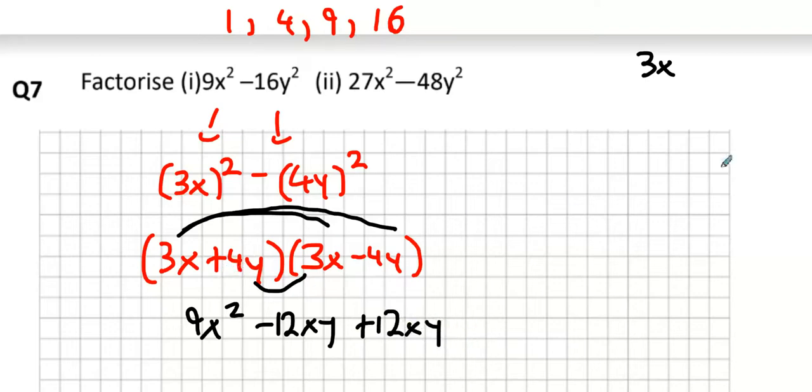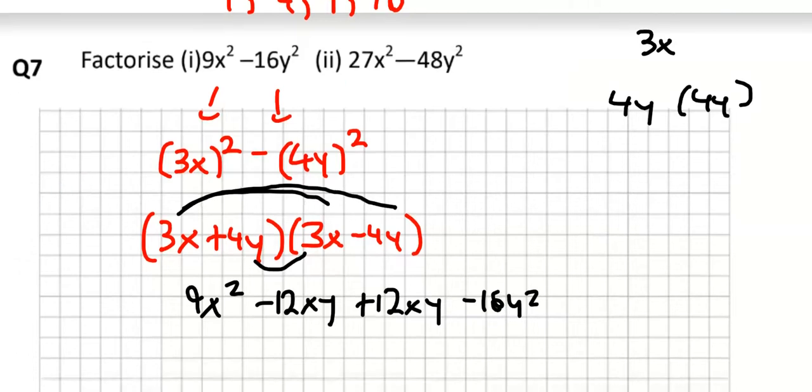And what's 4y by 4y? Sean, now. What? Lads, the 12xy is cancelled, aren't they? What you know about the answer is that it's the same as the original question. That's how you know it's definitely right.